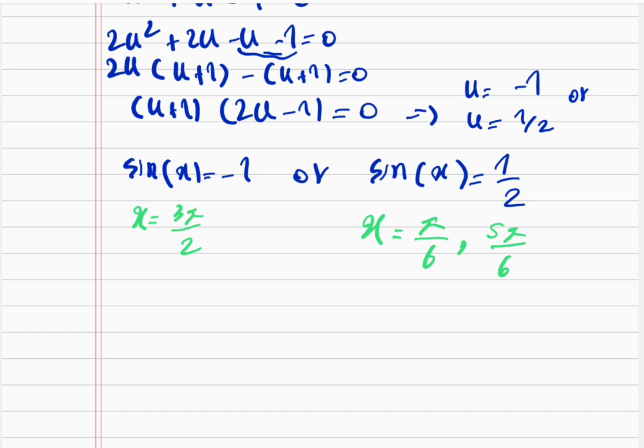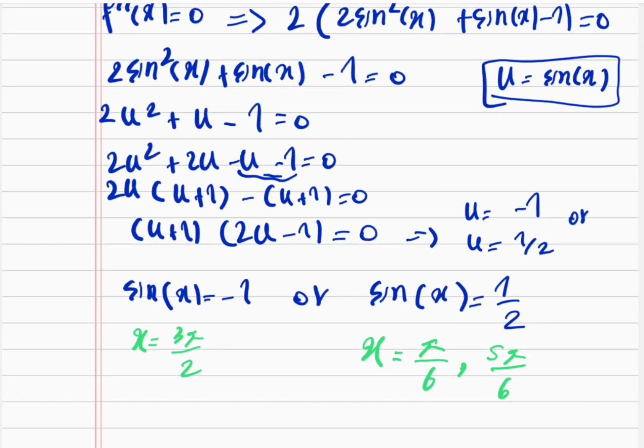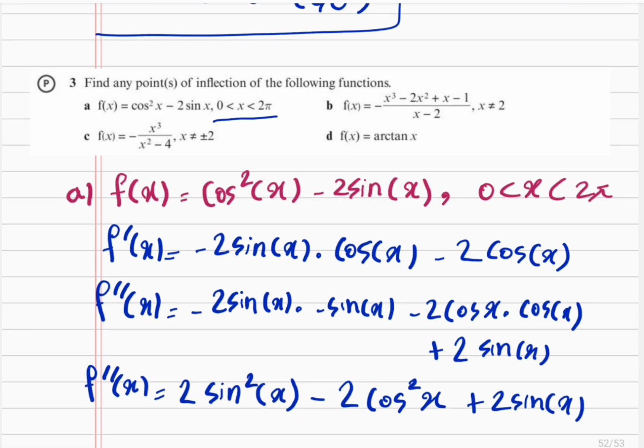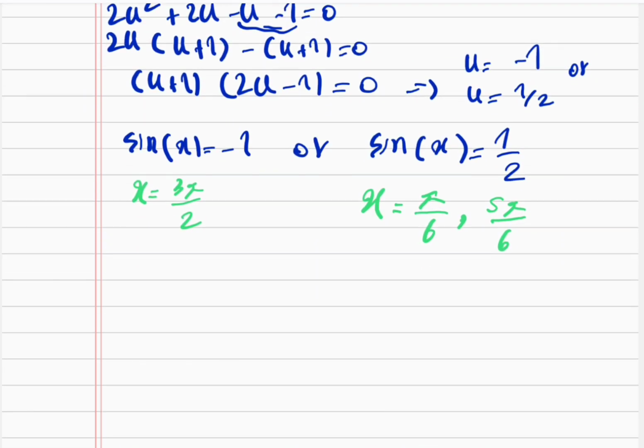Okay, a very common error is that when students solve the equation of the second derivative equal to 0, and they get to this point, they find the solutions and they stop and say, okay, these are the points of inflection, because the question was find any points of inflection. So they say these are the x coordinates of the points of inflection, and then they find the y coordinates and move on.